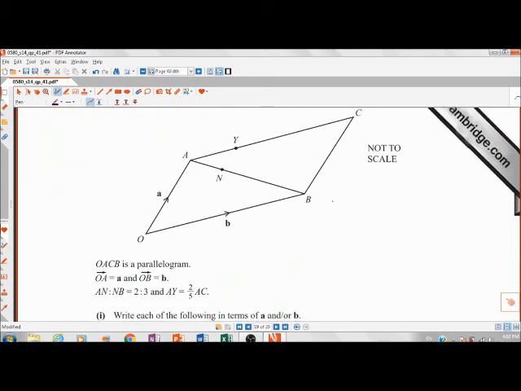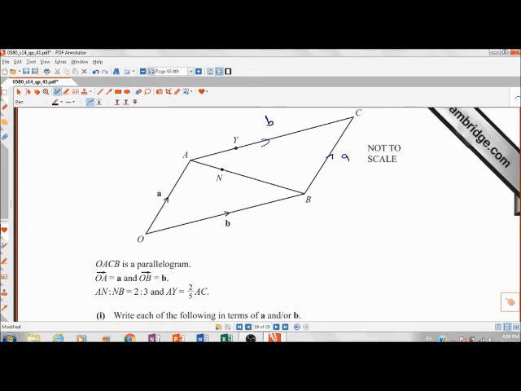Right, for these kind of questions, the vector questions, I suggest that you read the detail they give you and try to simplify it. Like this. So for example, this is a parallelogram, we know that OA is a. So BC should also be, it's parallel to it, right? So it should also equal a. The same goes for AC.